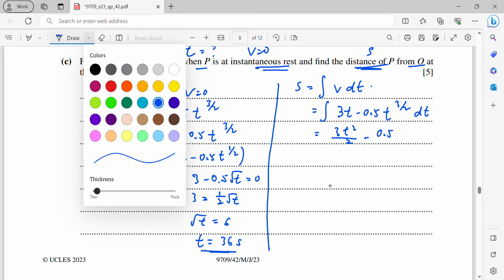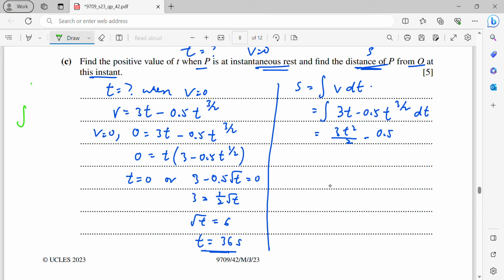When you integrate, you must remember, for x power n you are adding 1 degree. So it is x power n plus 1 over n plus 1, plus c. Therefore, this is going to be t to the power of 5 over 2 divided by 5 over 2, then plus c.